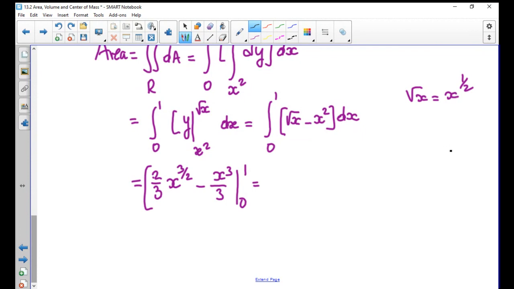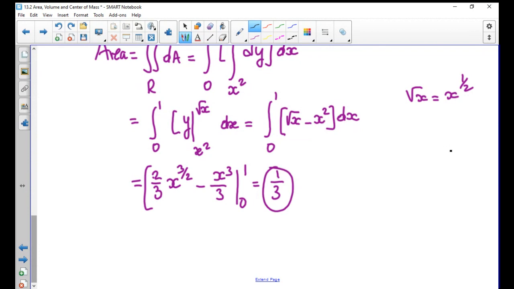Just substitute. Because when you substitute with 1, you get 2 over 3 minus 1 over 3. And at 0, it's 0. So the whole thing is 1 over 3. Does that make sense?